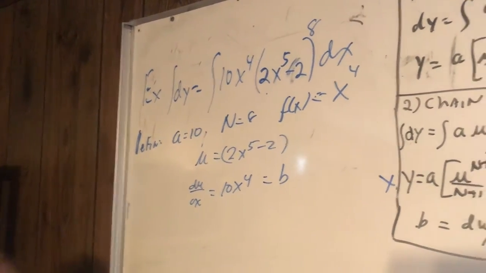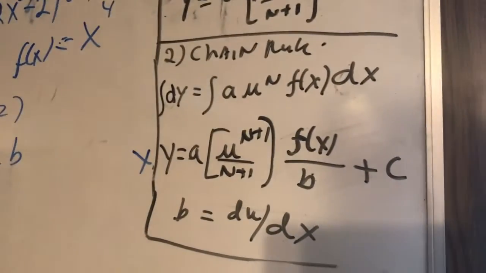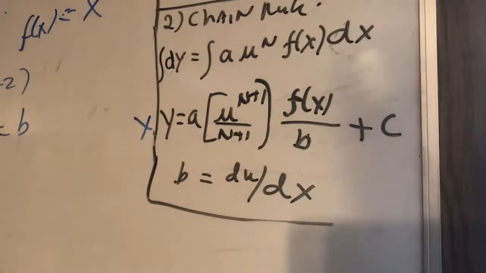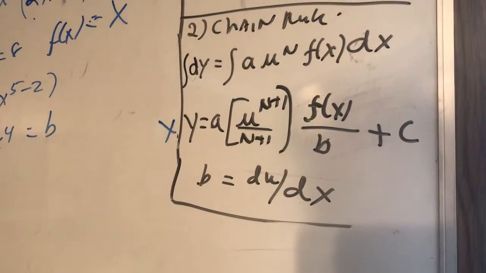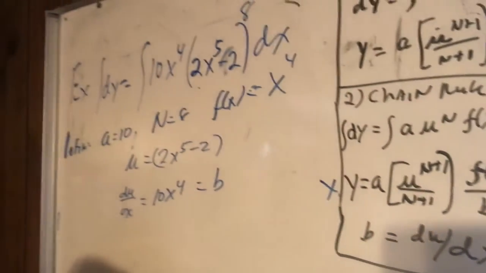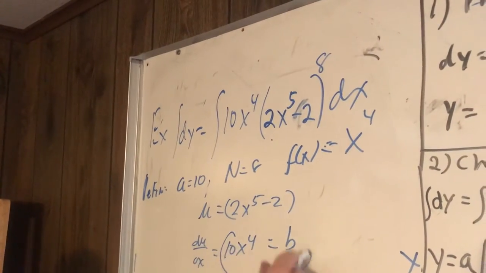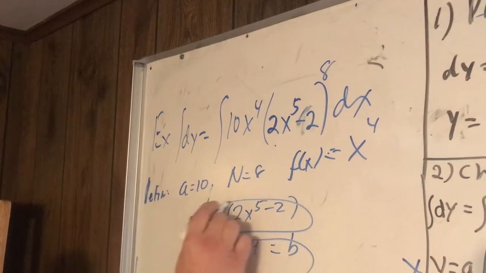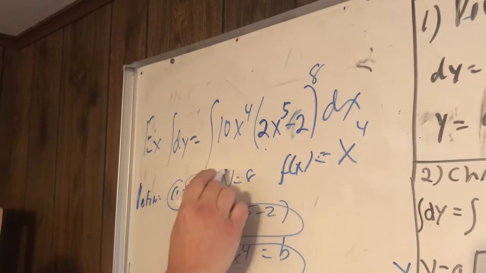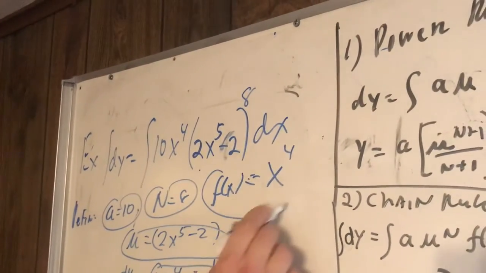So now all I have to do is plug in. Once I've defined all these terms, I need b, I need u, I need a, I need n, and I need f of x.